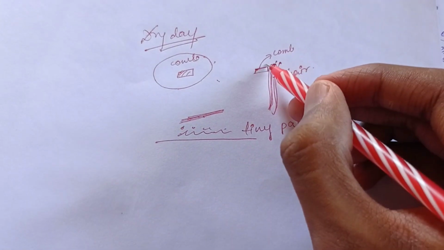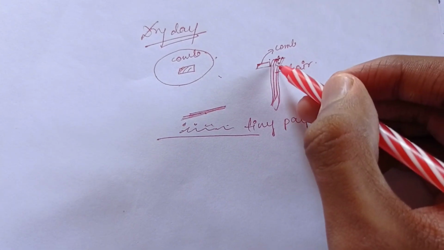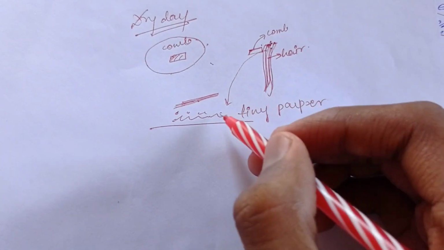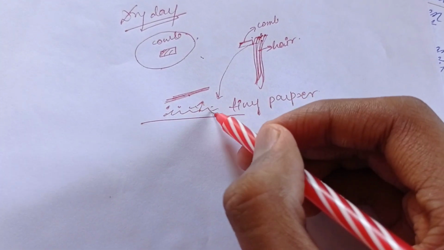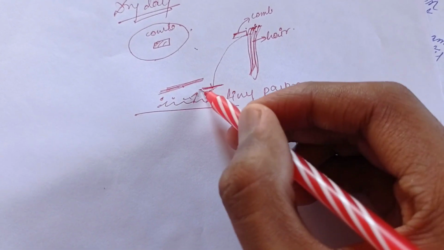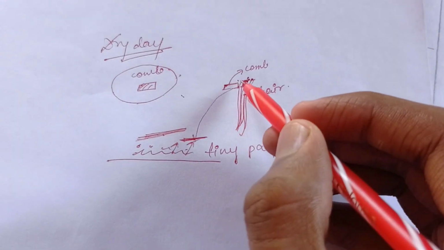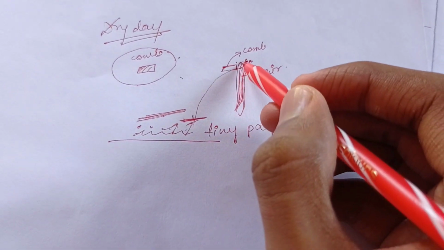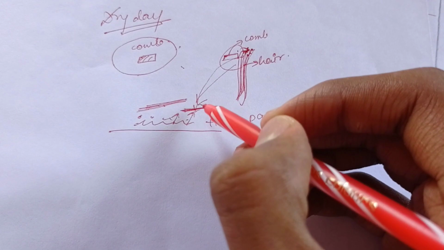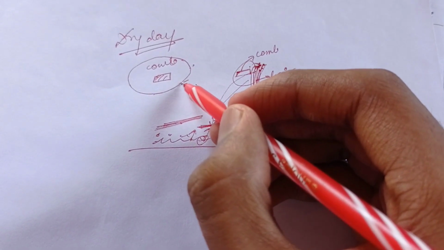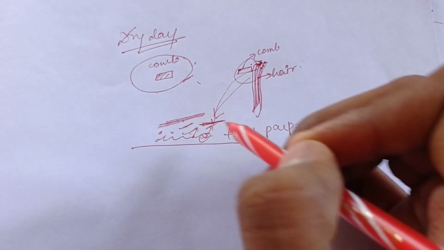But once you comb your hair with the comb and then bring it here, you'll see that the papers get attracted to the comb. So we see that the comb, after rubbing the hair, becomes charged and attracts the papers. But when it was uncharged, it showed nothing.